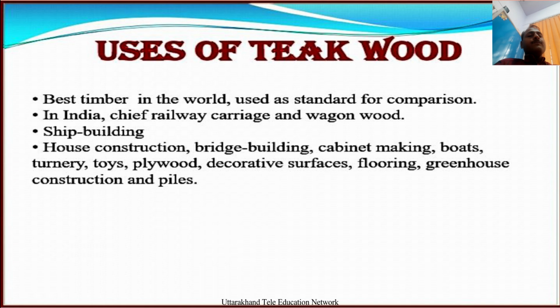In India, it is used for railway carriages, wagon wood, in shipbuilding also, house construction, bridge building, cabinet making, boats, turnery, toys, plywood, decorative surfaces, flooring, greenhouse construction and piles. Tectona wood is utilized in all these kinds of things. So it is of great importance.